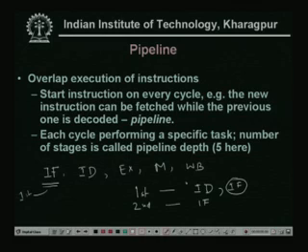So, when the first one is being decoded, the second one is being fetched. This is an overlapping of operations. This overlap of execution of instructions is called pipelining, and the number of stages is called the pipeline depth. Here there are 5 stages, so the depth is 5.